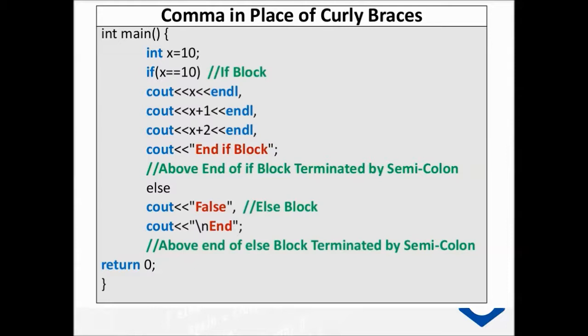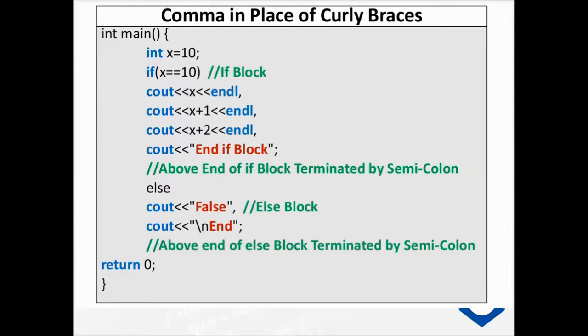It means that our if block does not end here. Then on the second line, cout x plus 1, we want to print x plus 1 on the screen. Again, at the end of this line we do not use a semicolon. We use a comma.